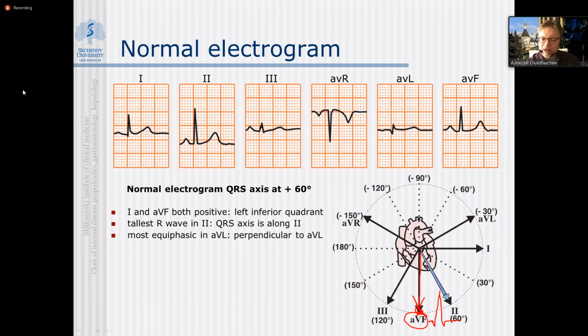At the same time, activation that goes vertically down will be projected to the perpendicular axis, and it will result in an equiphasic curve with equal amplitudes of positive and negative waves, which results in zero total deflection. Therefore, we'll get maximal positive in AVF and zero projection in first. In that case, we can presume that our vector coincides with AVF.